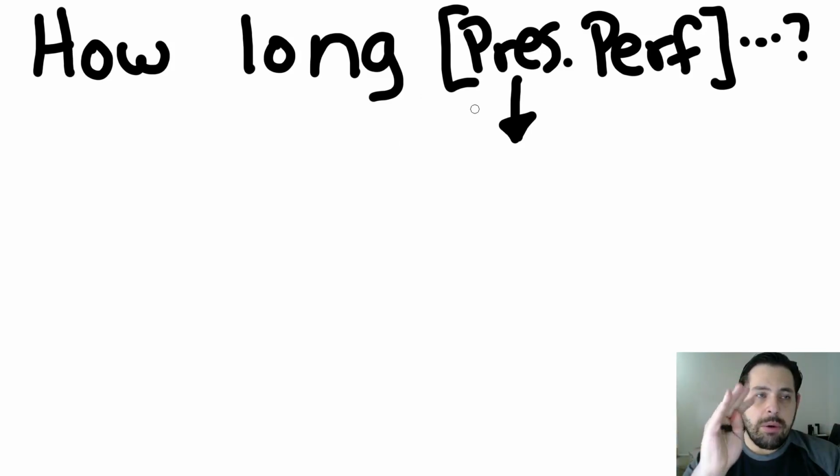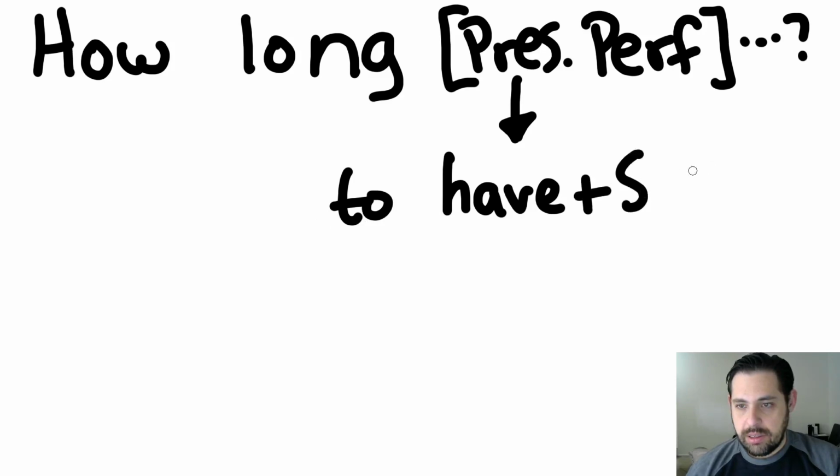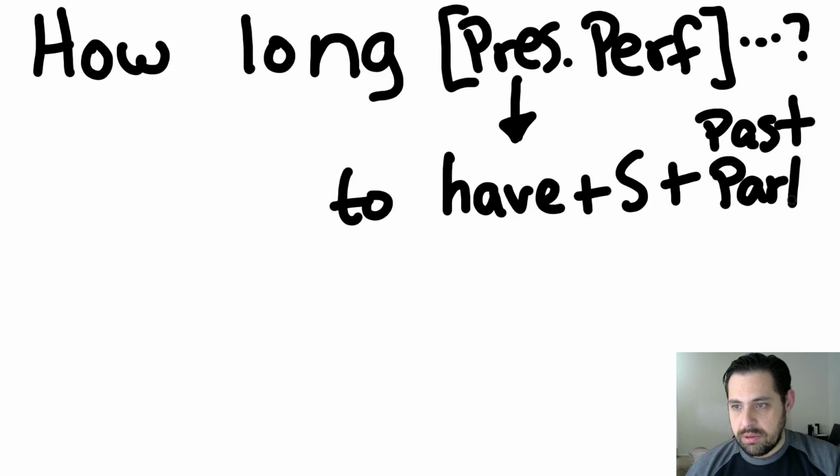it's not going to be subject-verb, but we're going to use verb-subject, okay? So we're going to use have, the verb to have, plus the subject, okay, plus the past participle. Right.